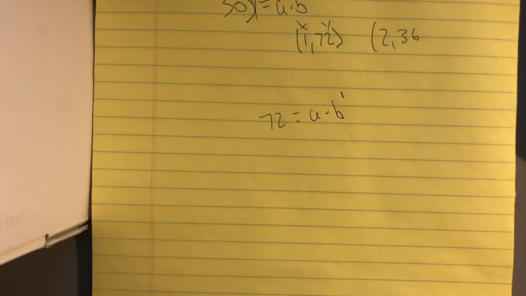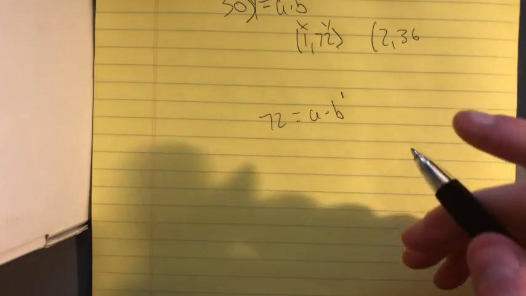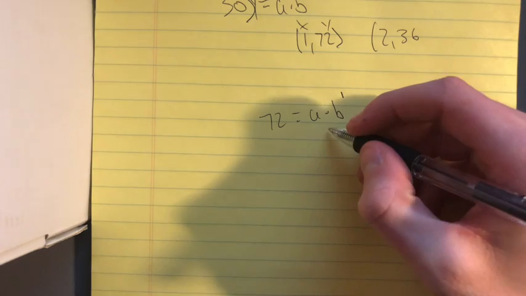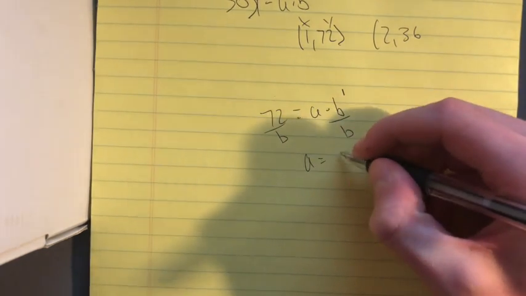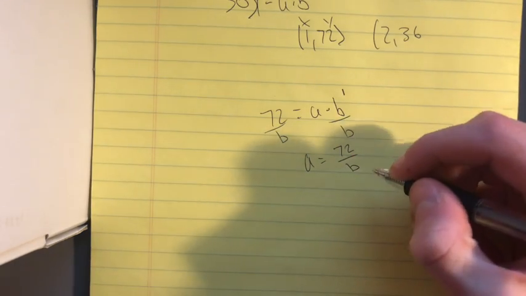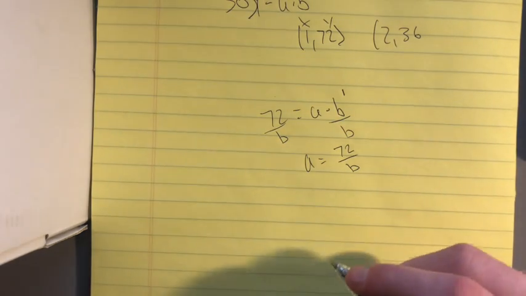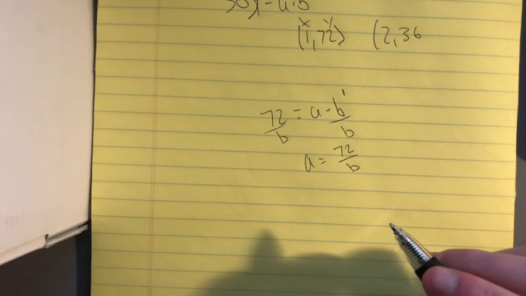And you gotta plug in the points and isolate a. So we have to divide by b. So a equals 72 over b. And then we're gonna do it again by plugging it in.